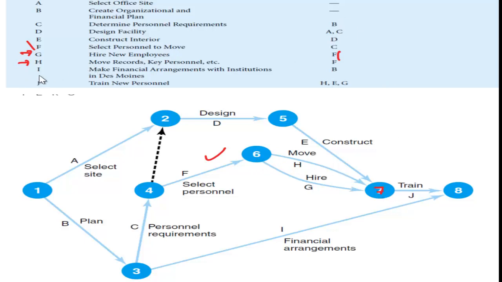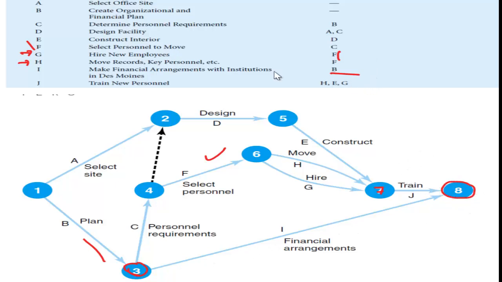Then if you see I, which is again a problem I will tell you about, I is to make financial arrangement with institutions, and that has B as the predecessor. So I has to start from B. B is here, so node 3 is the starting node for I, and it leads to some node.